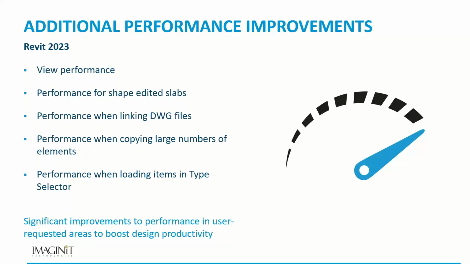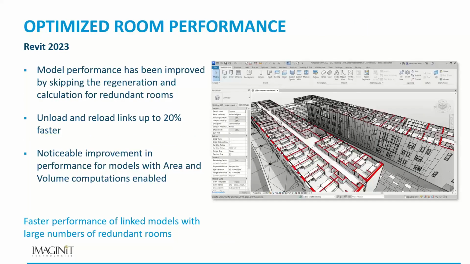They're claiming when working with the DWG files that we can get up to 700 times the performance when linking the DWG files. So altogether, there has been a great increase behind the scenes in the performance of the tasks that we are doing, which is of course going to help us in moving through our models a lot more efficiently and quickly. As far as the unload and reload, it's about 20% faster.